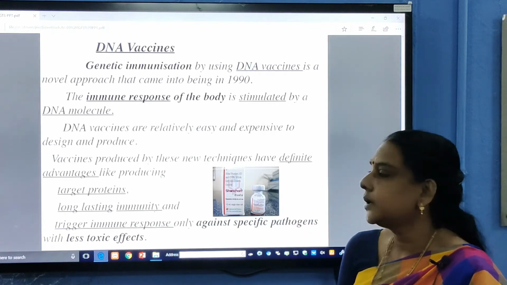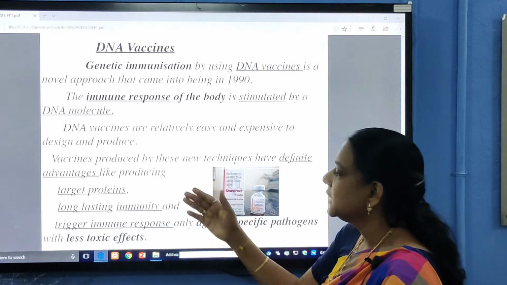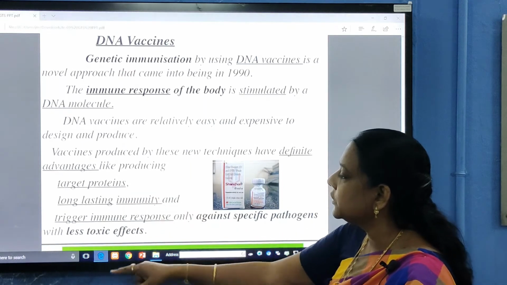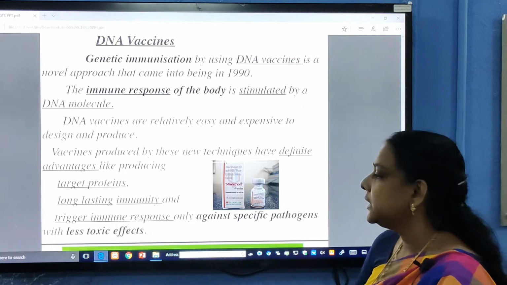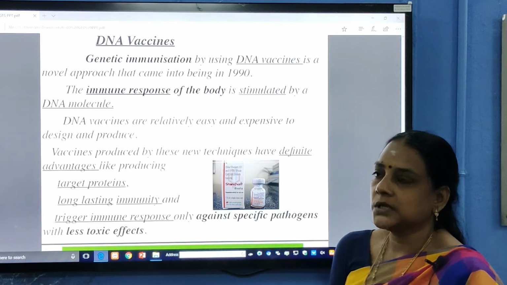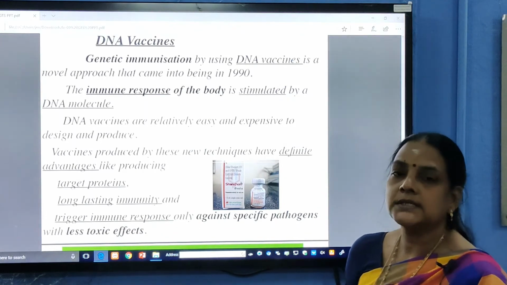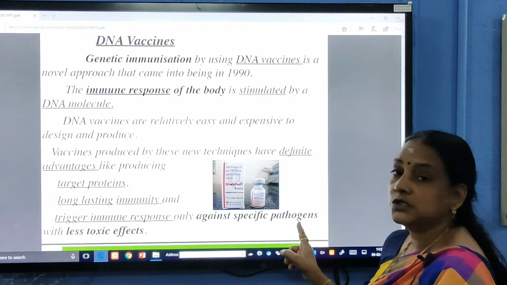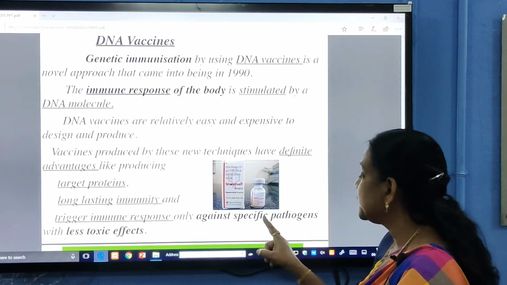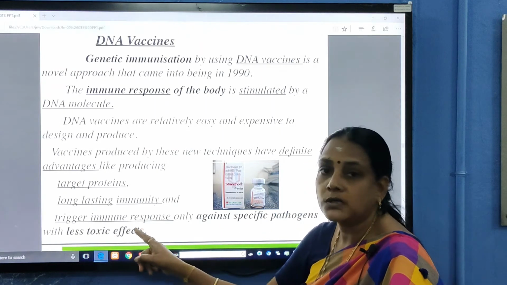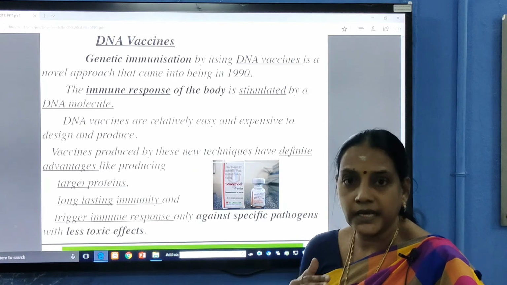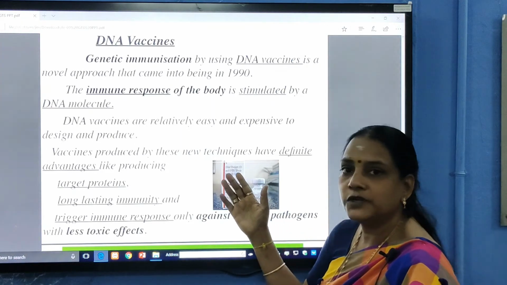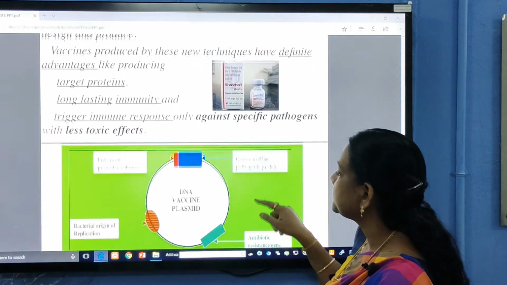You can assure the advantages by producing the target proteins, because they aim for the target proteins, with long-lasting immunity and a triggered immune response. They act only against specific pathogens, with fewer toxic effects. That is what we expect when we go for vaccination, isn't it? That is fulfilled by DNA vaccines here.